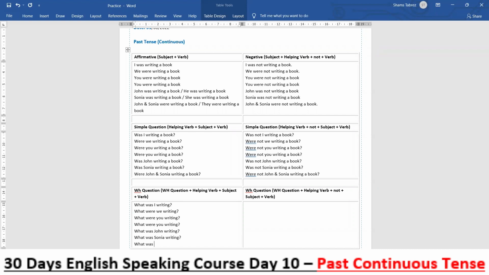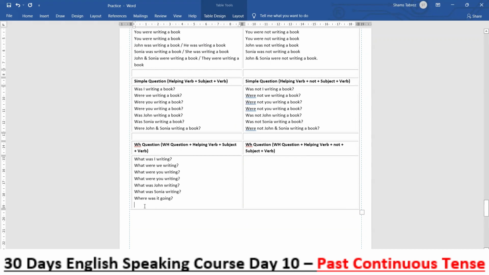So what was it? For example, let's say an animal. If we are talking, where was it going? Right? We can add like this, for animals or non-living things. And what were John and Sonia writing?